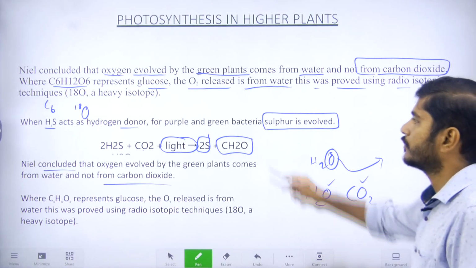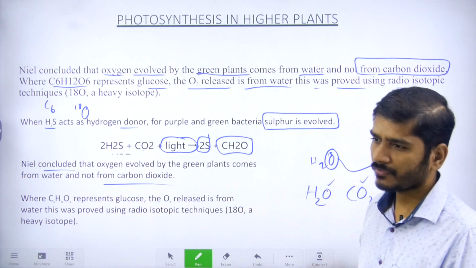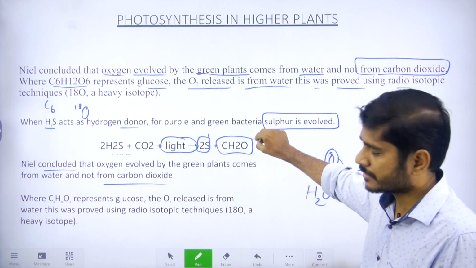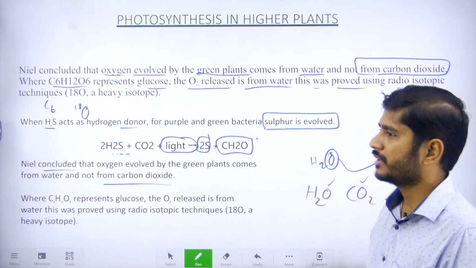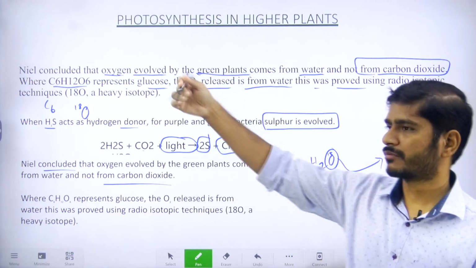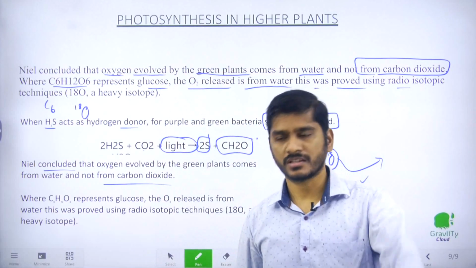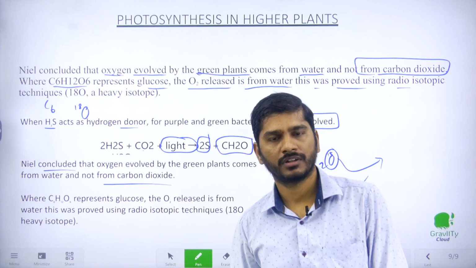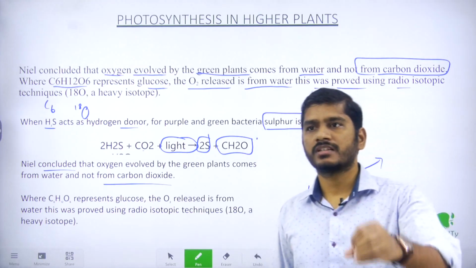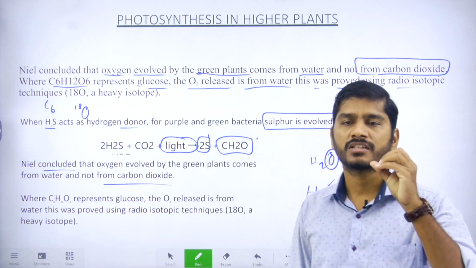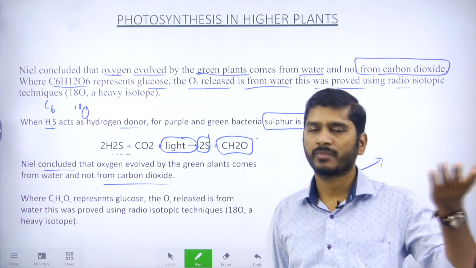Okay, so what is the contribution of Niel here? He concluded that this oxygen, which comes from a series of experiments done by various scientists. One person concluded that something is present in air which is useful for life, and later on one person concluded that the releasing of that thing is compulsory in sunlight only, and another person told that it is by plants.